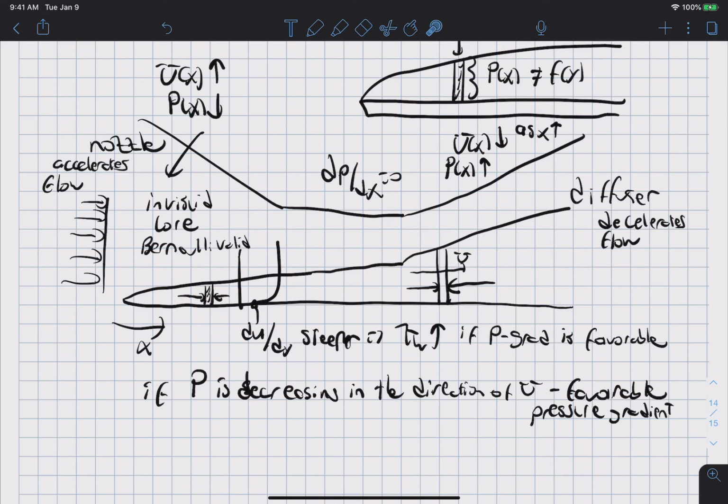Here it's actually fighting the flow in the boundary layer. And at the very least what happens is basically you can think of it as pushing against the boundary layer, and it starts to flatten the velocity gradient near the surface of the object like this, so it becomes much more shallow.